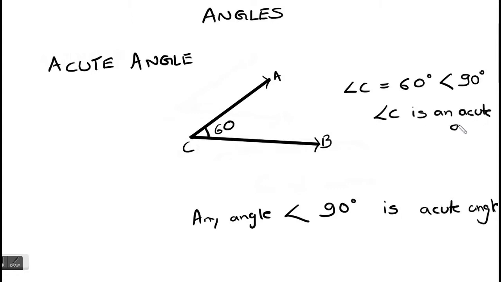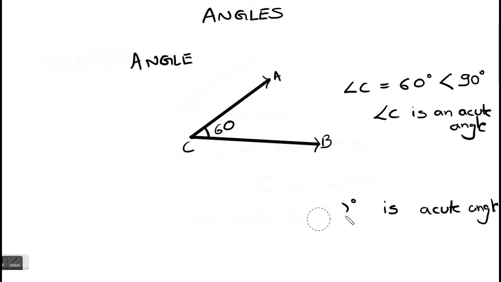I hope it's clear. Now the second type of angle that we are going to cover is obtuse angle. Obtuse angle, I hope the spelling is clear, OBTUSE.